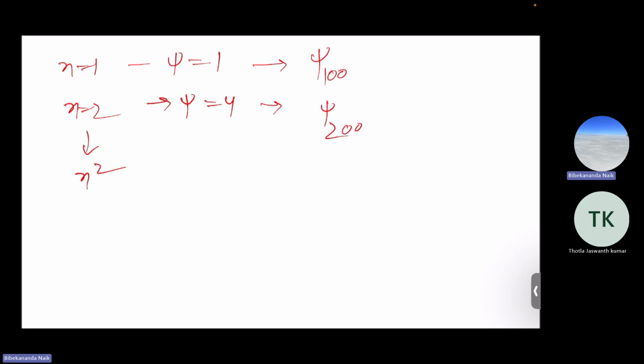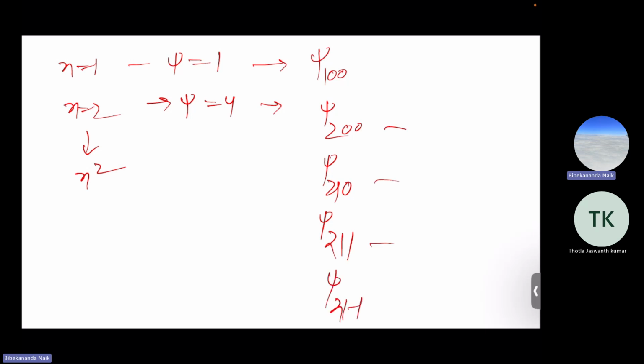For n equal to 1 we have only one wave function, which is psi 100, but for n equal to 2 we have 4 states, because we discussed that the degeneracy is n square. So 4 means psi 200, psi 210, psi 211, psi 21 minus 1.